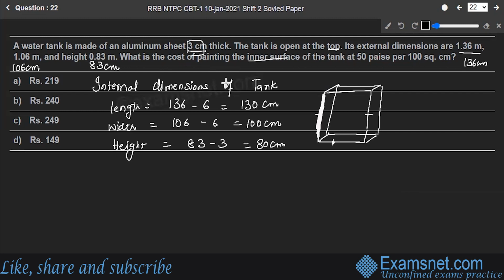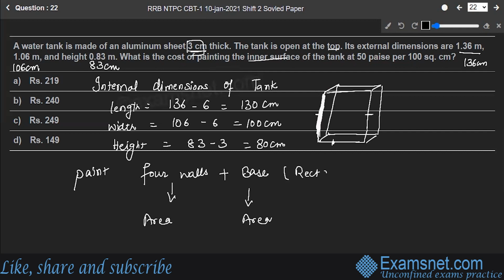Right. So now you have to paint the inner surface. Inner surface, that means you have to paint 4 walls plus base. Right? You have to paint 4 walls plus the base. So that means you have to find out the area of 4 walls plus area of the base. Base is in the form of a rectangle.